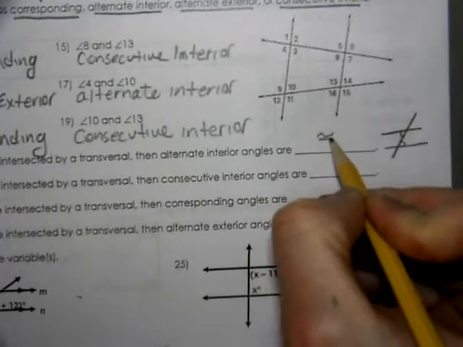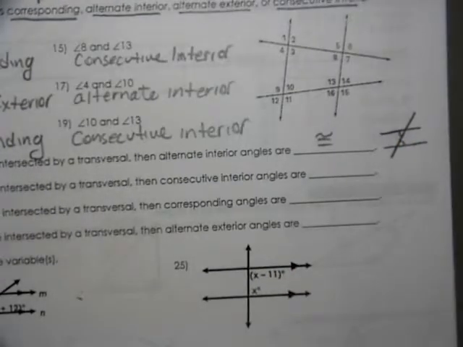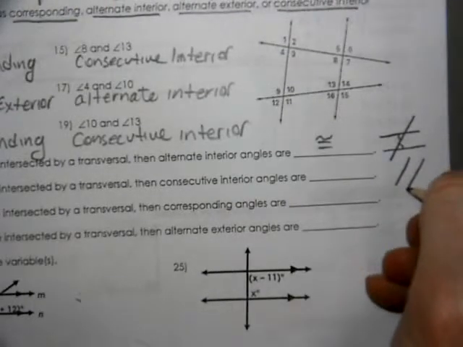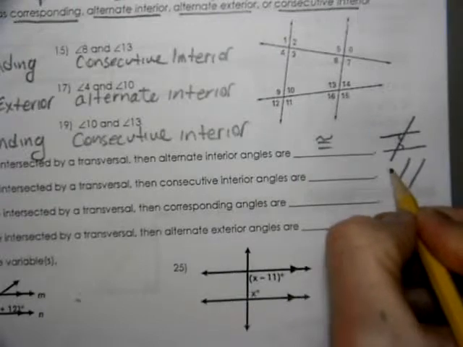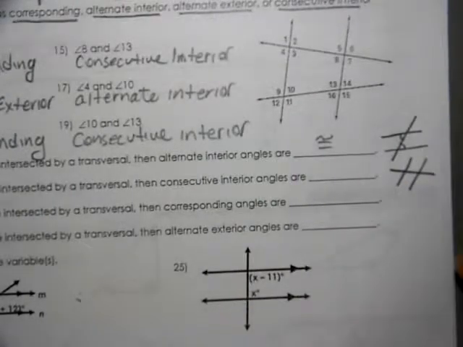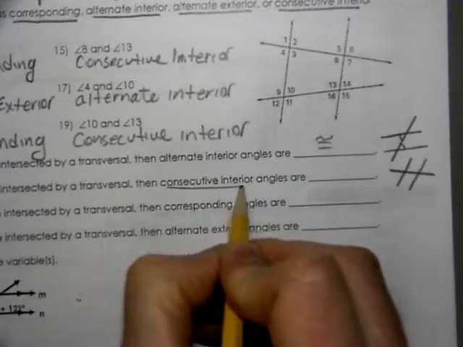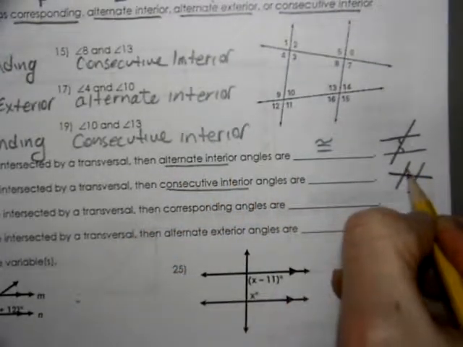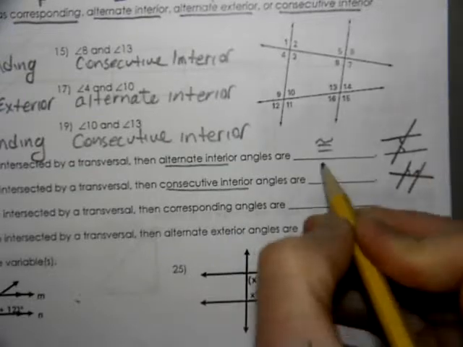They are congruent. But if you have two parallel lines and a transversal, the consecutive interior are going to be supplementary.